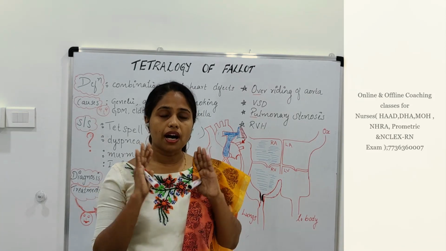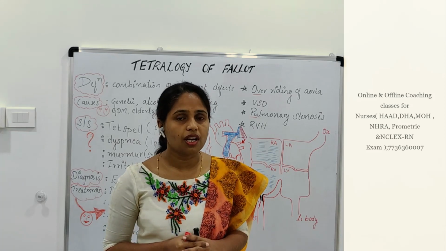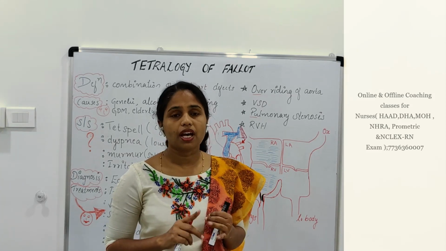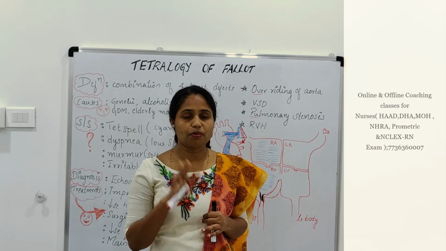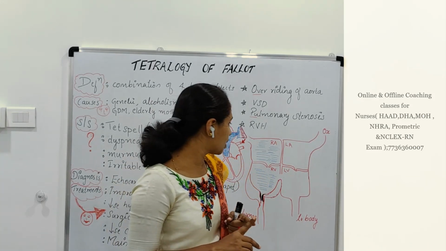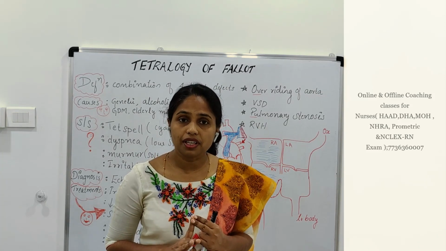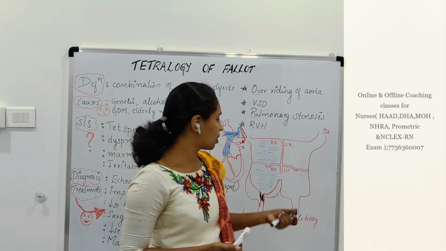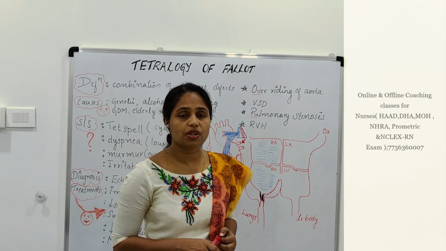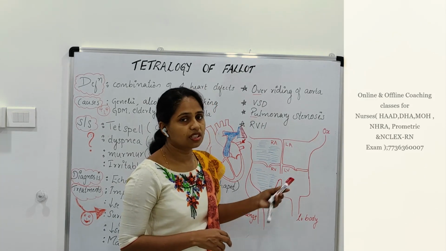So there are 2 major vessels in the heart, the pulmonary artery and the aorta. The pulmonary artery originates from the right ventricle, and the aorta develops from the left ventricle.